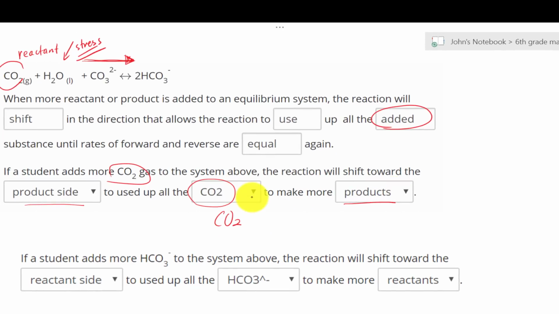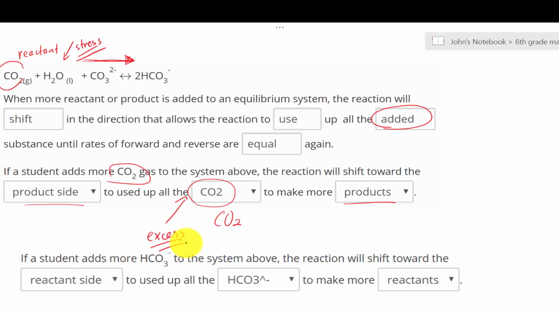And this will continue to happen until all the excess CO2 is being used up. So we talk about the excess, okay? It's being all consumed and used up to make more product, so that the rate of forward and the rate of reverse is at equilibrium again, which is the same value. So the rate of forward and the rate of reverse must be the same.